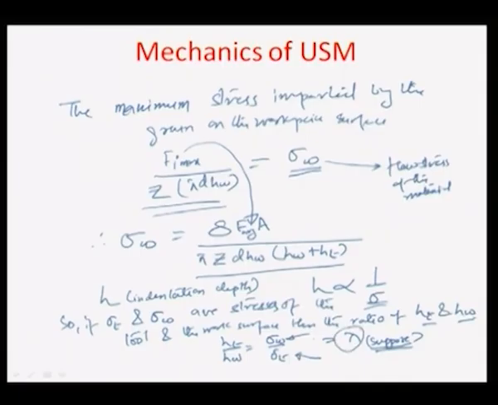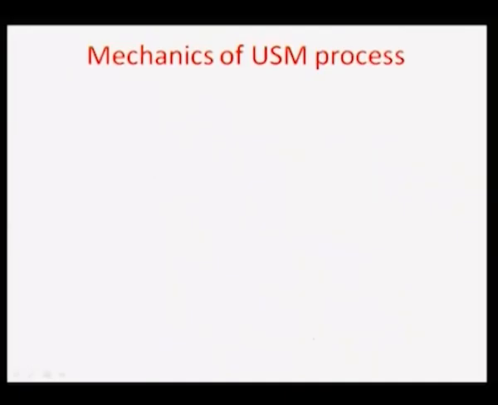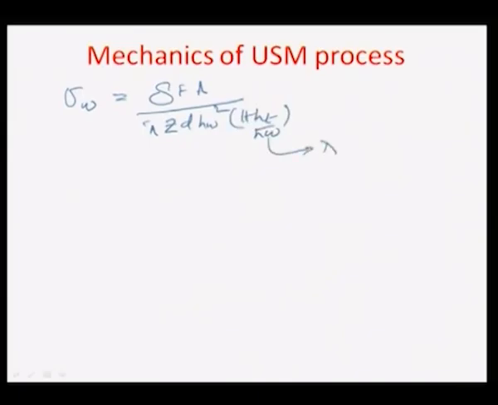So, therefore, the maximum sigma w, the ultimate yield stress which is developed, can slightly be modified as 8 f a divided by pi z d h w square times 1 plus h t by h w, which actually is signifying this constant lambda. So, we can write this down as 8 f a divided by pi z d h w square times 1 plus lambda.